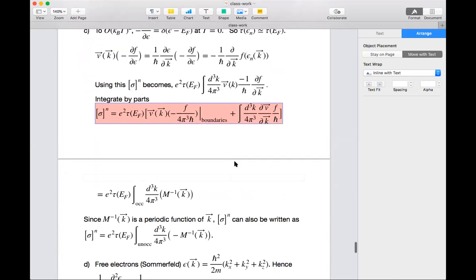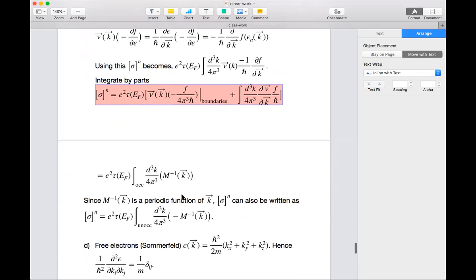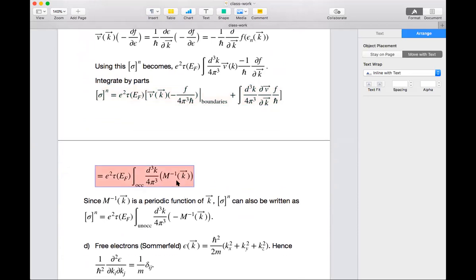And this del v del k, of course, now v is del epsilon del k with a factor of 1 over h cross. So essentially you'll be left with this factor of m inverse, the effective mass tensor, because you'll pick up two derivatives, the second derivative of epsilon with respect to k, which is the inverse of the effective mass tensor.